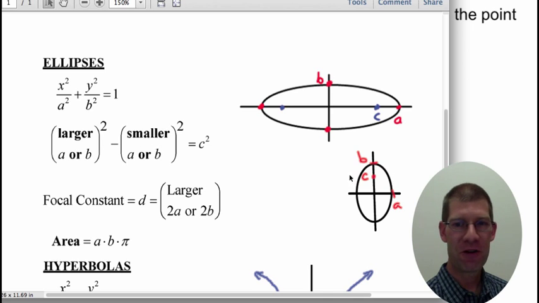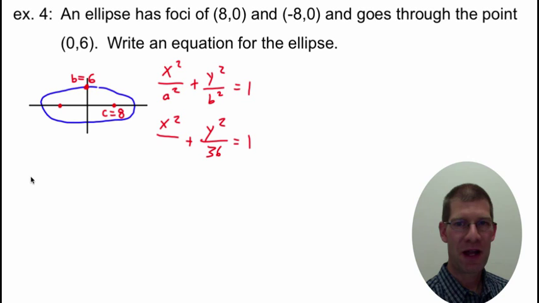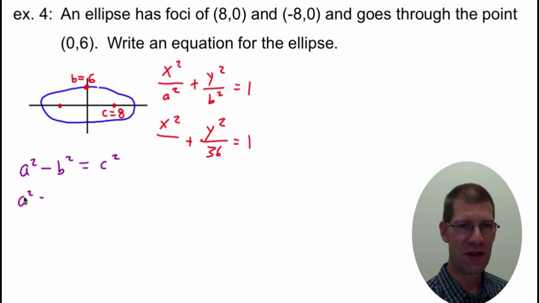If instead we have a vertical ellipse like this, now b is larger than a, so the equation becomes b squared minus a squared, because b is the larger one. But for us, we have a horizontal ellipse, so it'll be a squared, because a is larger, minus b squared. So if I take my equation, a squared minus b squared equals c squared, and a is what we're looking for, so I'll leave that variable in there.